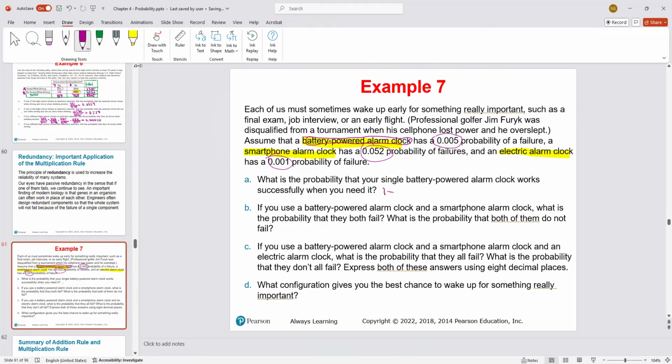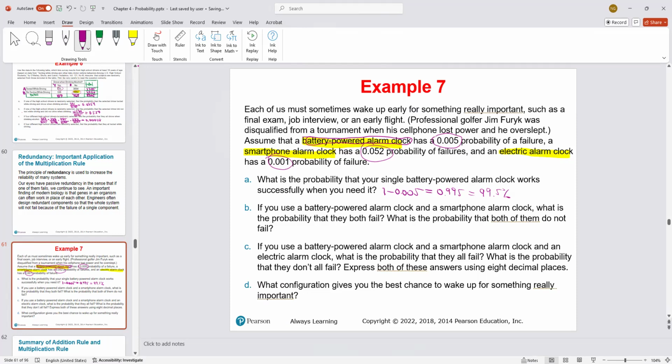Yes, you need to subtract it from 1 and you would find when it succeeds. So it really succeeds at 0.995, or you can say 99.5% of the time.